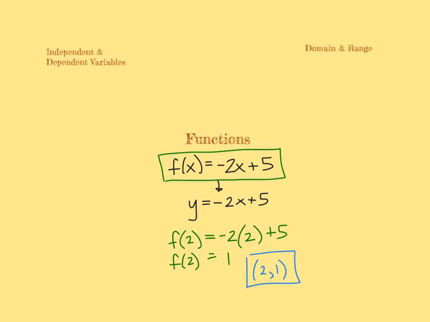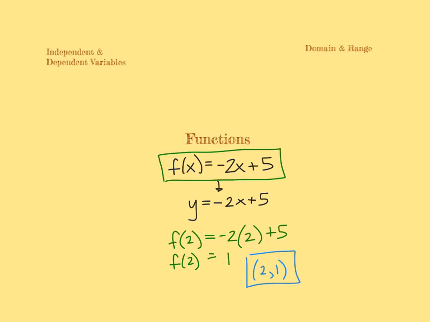That leads us right into independent and dependent variables. The independent variable is the variable that kind of does what it wants, right? It's whatever we plug in. So in this case, the independent variable is x. And then our dependent variable is our output f of x or y. That's usually how we'll deal with things. Now, sometimes we might have a different function. It might be called a of t, whatever. In this case, it's f of x, and the independent variable is what you plug in.